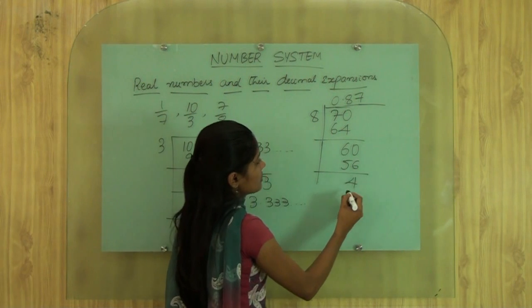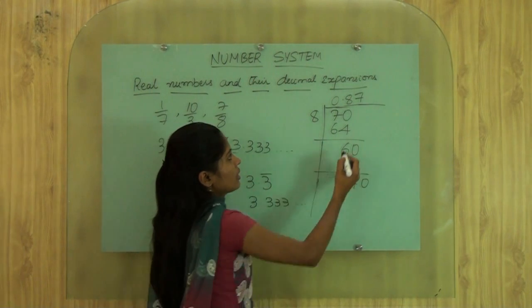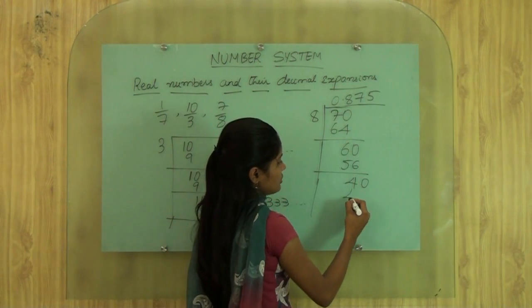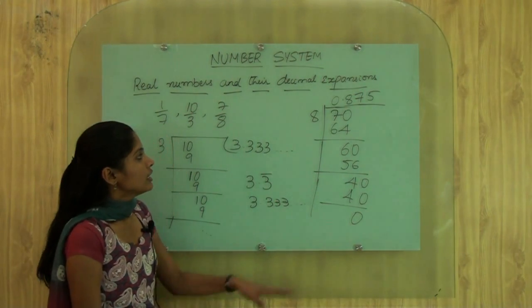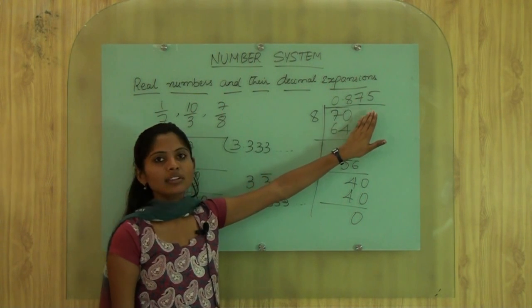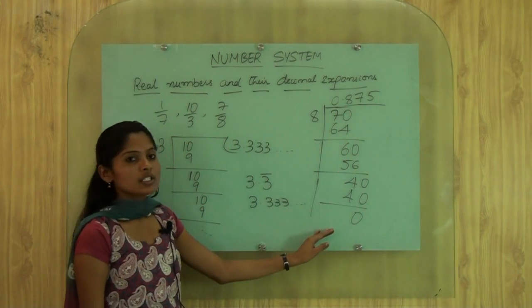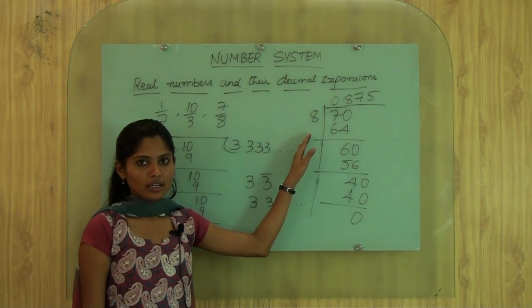Then 4 is the balance. Then 40, 8 into 40 goes 5 times. So the remainder is 0. The answer is 0.875. These numbers are called terminating non-recurring numbers.